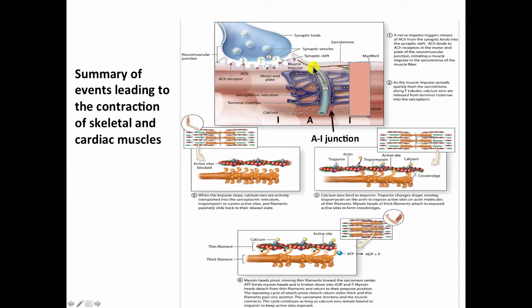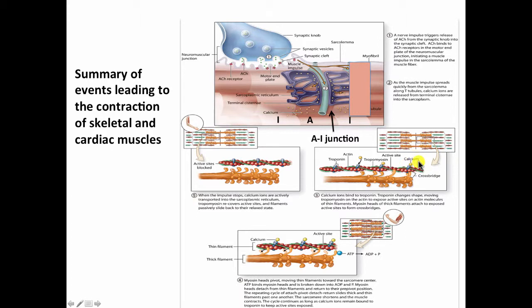When the neural impulse travels down the T tubule, it opens up voltage-gated calcium channels in these terminal cisternae, releasing large amounts of calcium. And as this occurs at both Z discs here and here, the whole sarcomere is flooded with calcium very quickly.